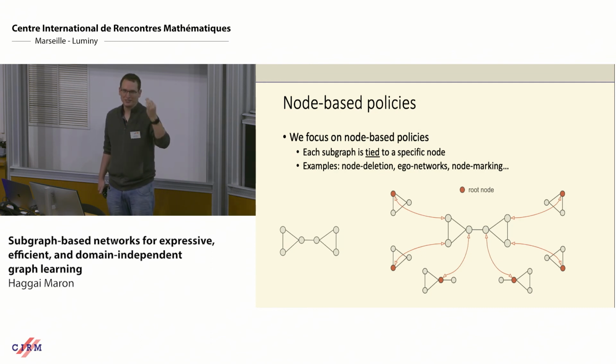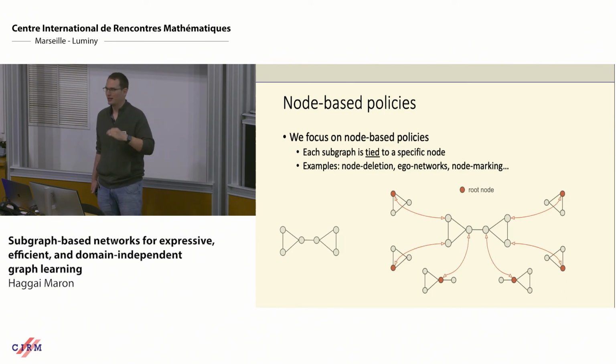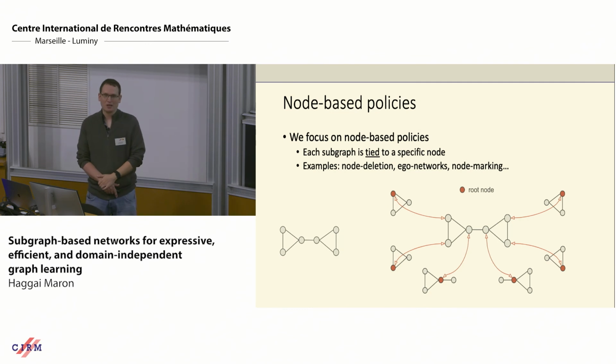Each subgraph is related to the node that we took out. In ego networks, it's also quite obvious because each subgraph is extracted from a specific node. And I can say that the most widely used policies in all the papers that we saw before are node-based.